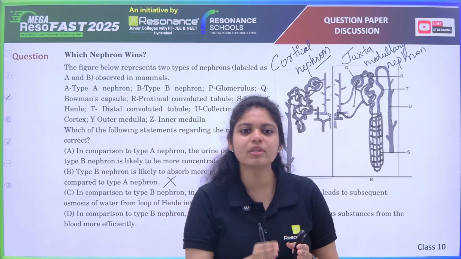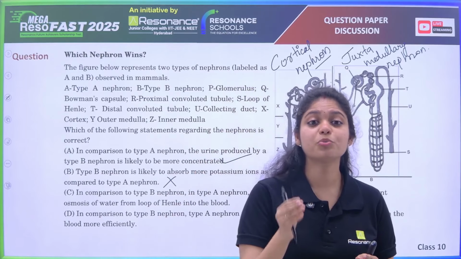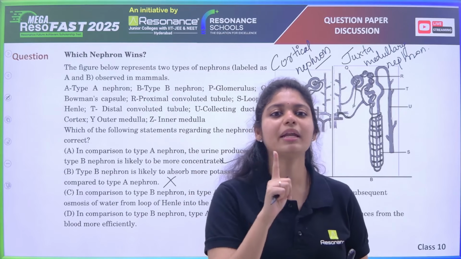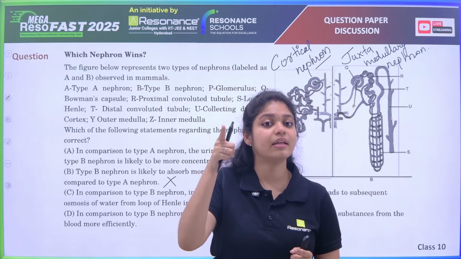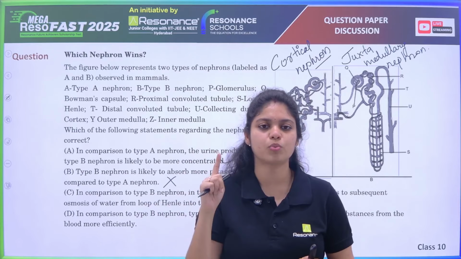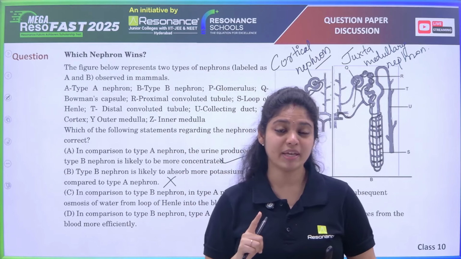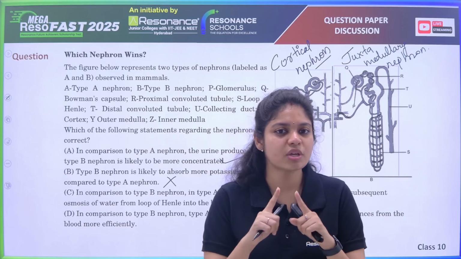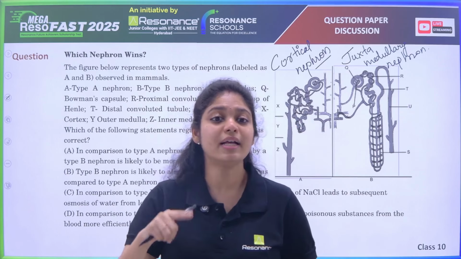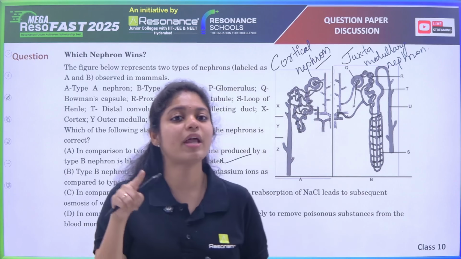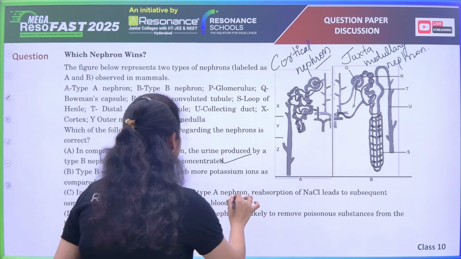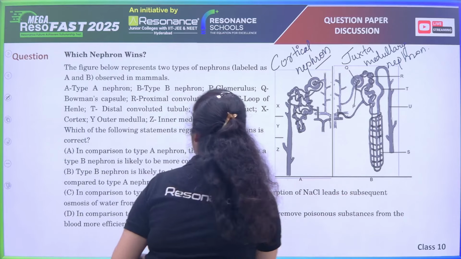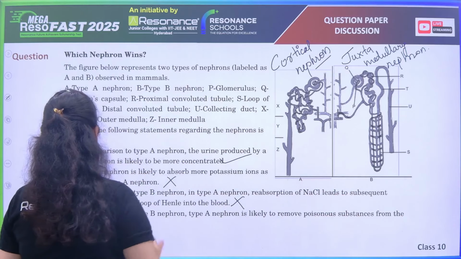The descending limb is usually permeable to water and impermeable to the electrolytes. But the ascending limb is impermeable to water but permeable to electrolytes. This continuous exchange of water and electrolytes helps in maintaining the osmolarity of the interstitial medullary fluid. So this is not regarding the osmosis.